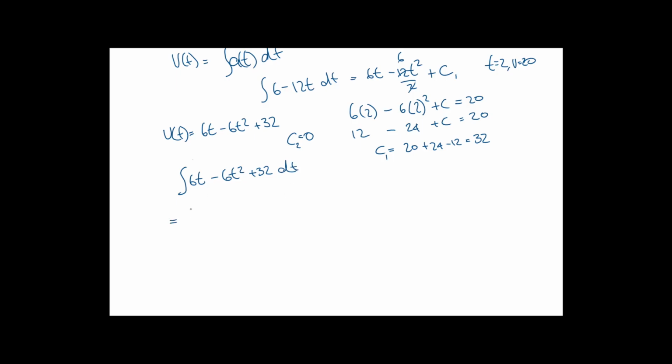And we're going to get 6t stays there, now it gets a 2, we have to divide by 2. Minus 6t, the 2 becomes a 3, and we have to divide by 3. Plus 32t plus 0, because the distance from the drone to the tree is 0 at time 0.